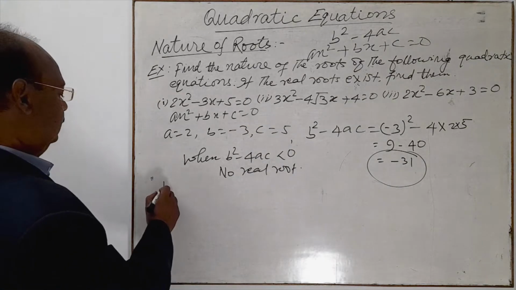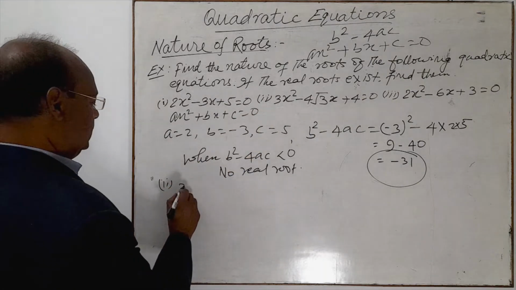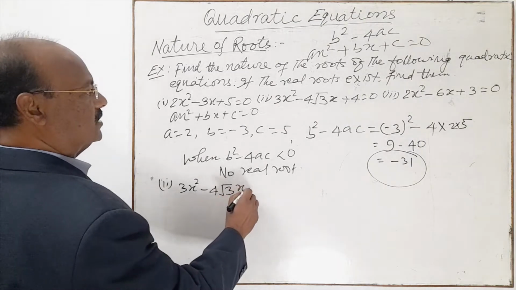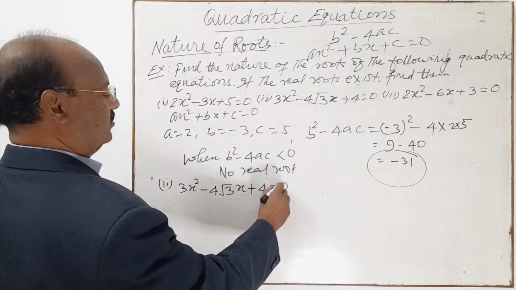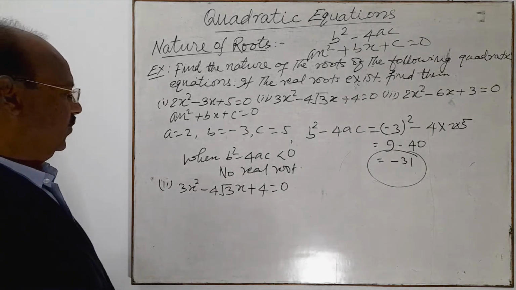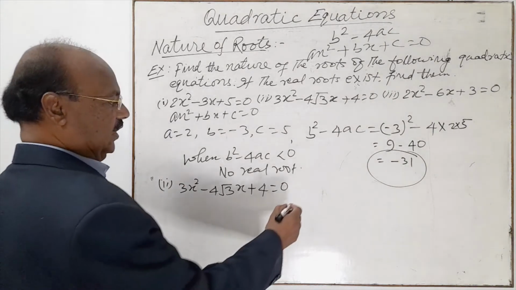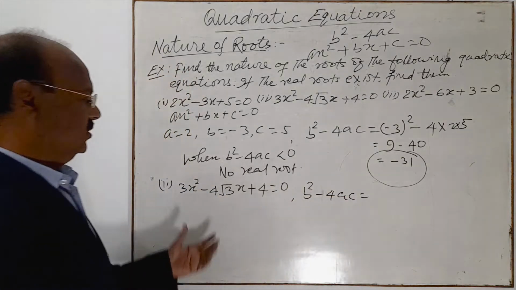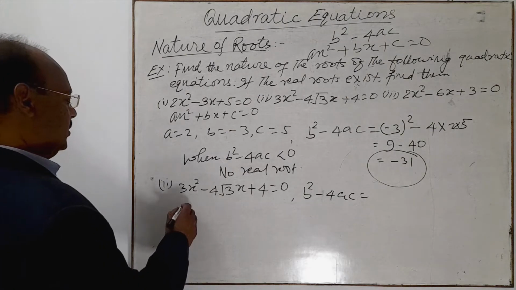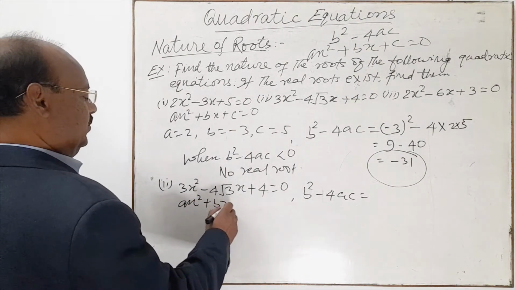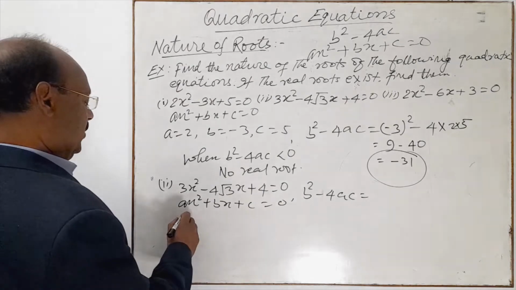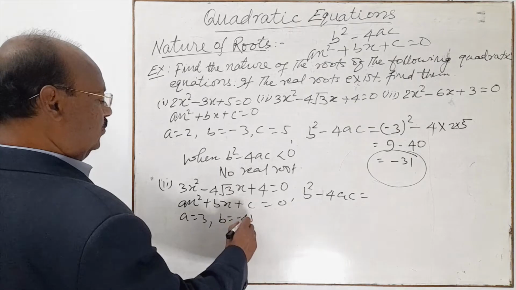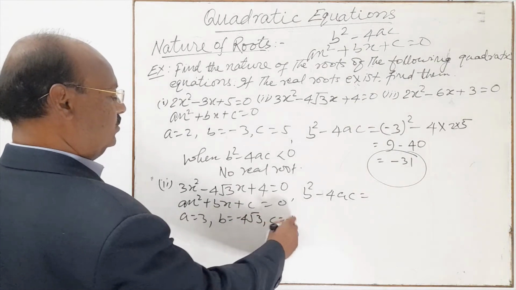Here next question, second question is 3x square minus 4 root 3 x plus 4 is equal to 0. Correct? So here b square minus 4ac will be, so comparing with the quadratic equation standard form ax square plus bx plus c is equal to 0, we are getting a is equal to 3, b is equal to minus 4 root 3 and c is equal to 4.